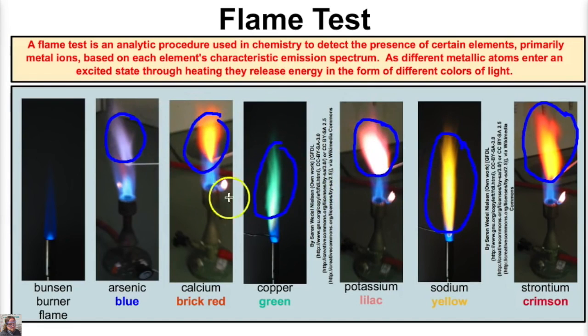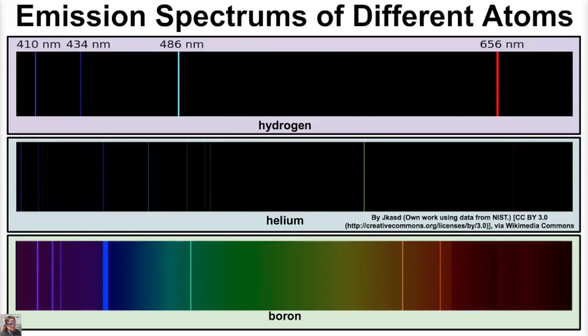So what we can do now is take a look at atoms' emission spectrums. An emission spectrum is basically an atom's fingerprint. For example, here is the emission spectrum for hydrogen. When we excite hydrogen, the electron in hydrogen jumps up to a higher energy level, and then when it goes from an excited state back down to a ground state, it releases energy in the form of light.